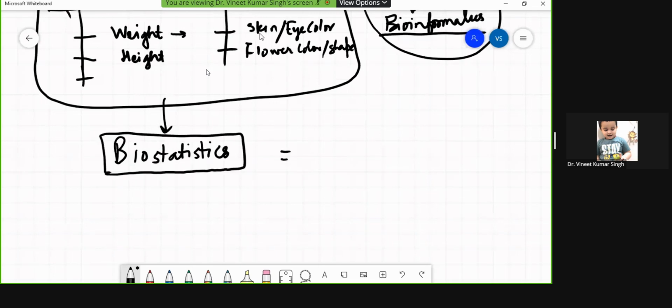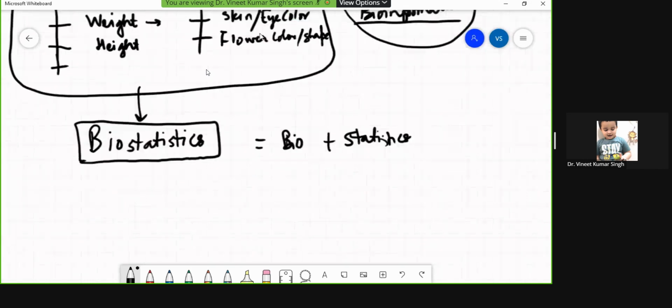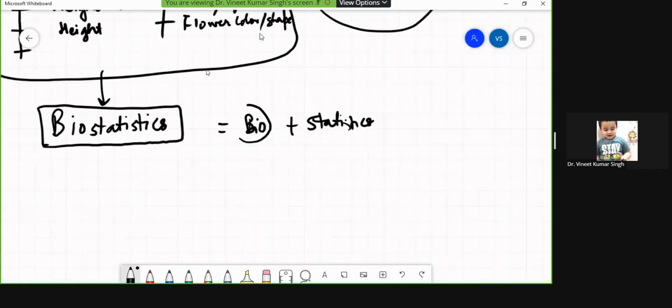Which is made up of two words, biological sciences plus statistics. So any data of biological science, and we are using statistics. What is statistics? Statistics is to collect data. Everything is related to data. अब देखो सब चीज data से ही related.